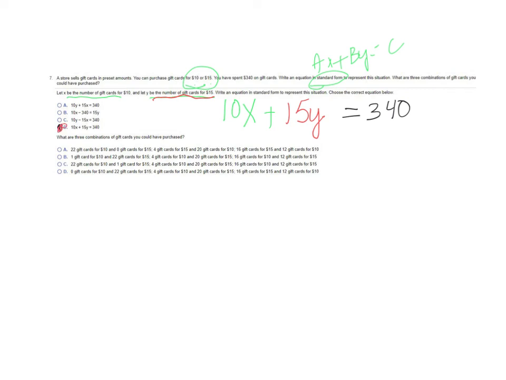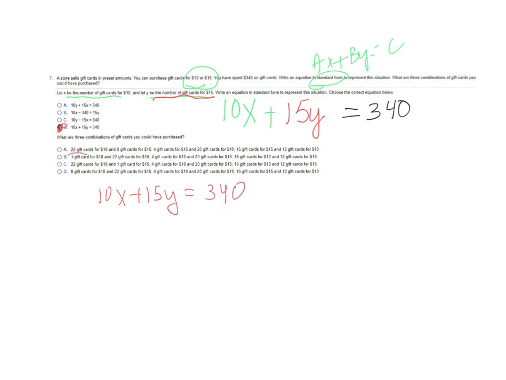Now we're going to use that to figure out different combinations of gift cards that we could buy. We will need to start by looking at what are possible combinations, and what I would do is take this equation. This really becomes a calculator problem now.